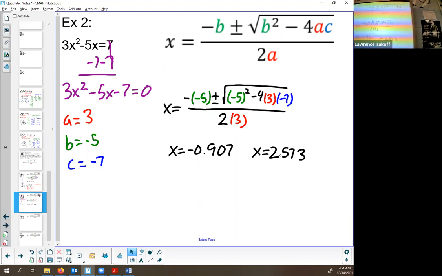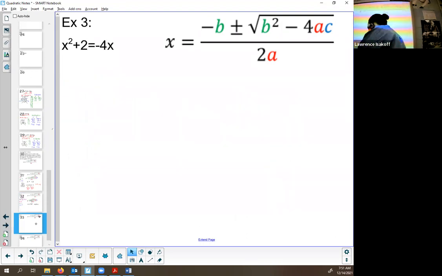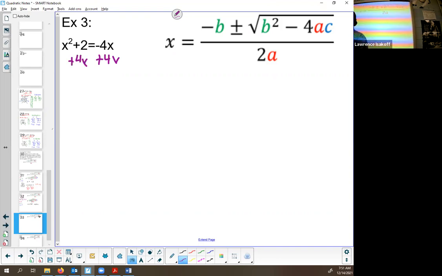Got 2 more examples here. So is this one equal to 0 to start? No, so how do I get rid of the minus 4x? Yeah, add 4x to both sides. Now remember, I always like it to go x squared, x, and then my non-variable number.